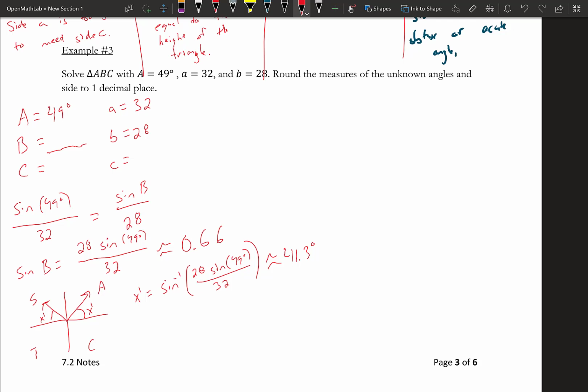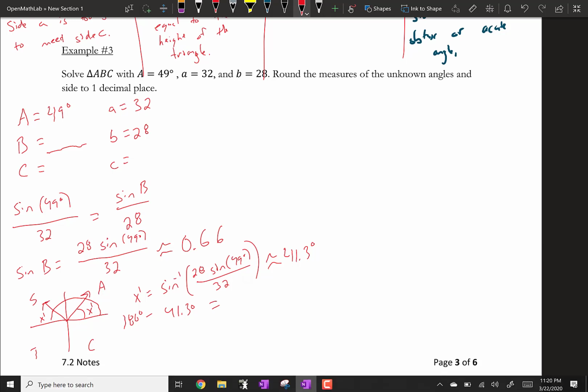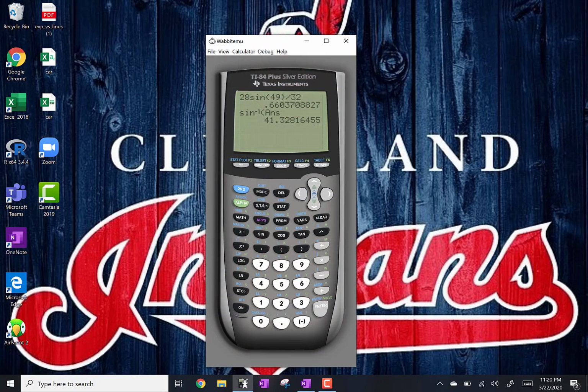To find this other angle here, we would take 180 degrees minus 41.3 degrees, which gives me 138.7.